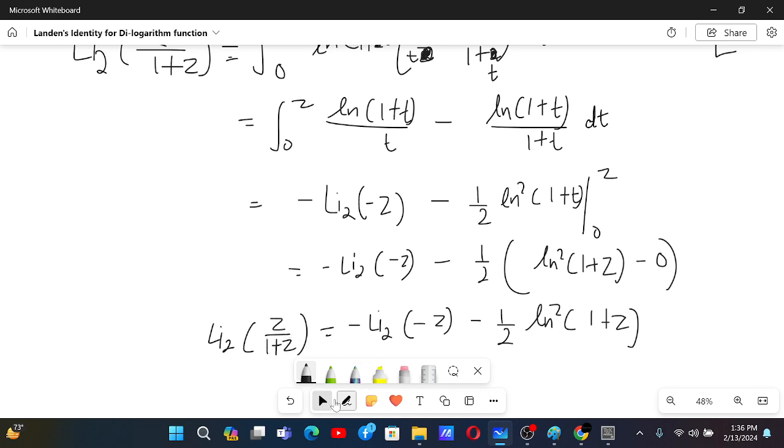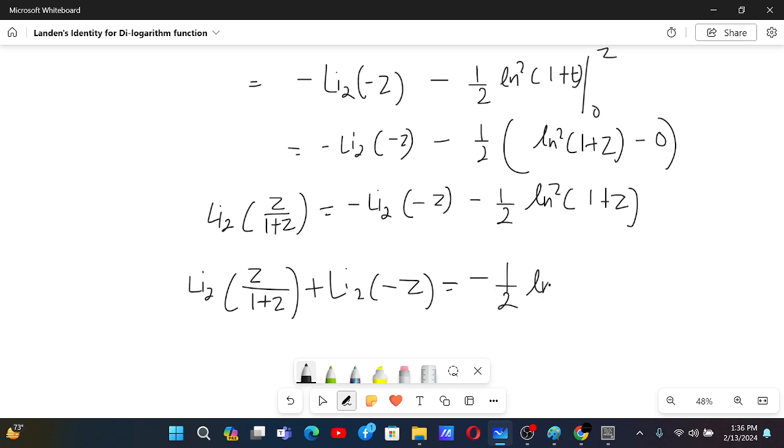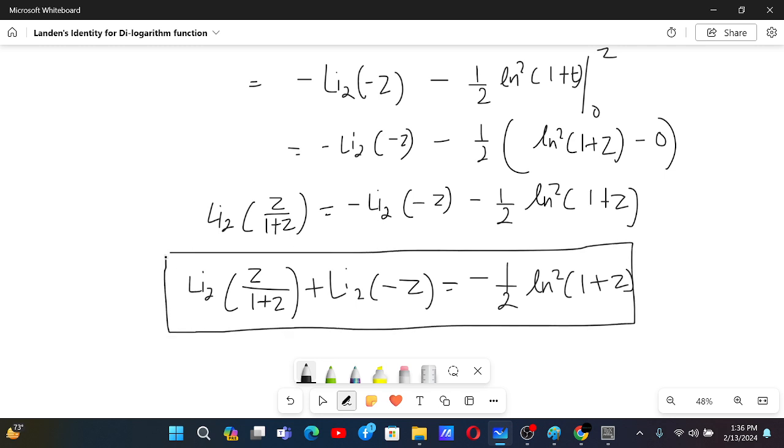Now you can take it to the other side, and we have Li2 of z by 1 plus z plus Li2 of minus z equals minus 1 by 2 ln square of 1 plus z, and so this is proved.